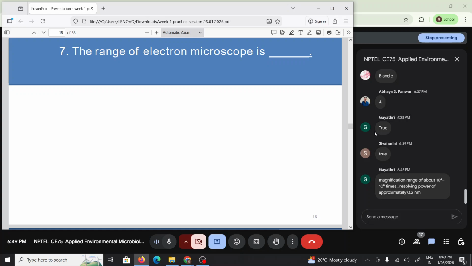And we have different lenses in a microscope, one of which is the objective lens, and in total magnification we calculate the total magnification by multiplying the magnifying power of the objective lens and the ocular lens.